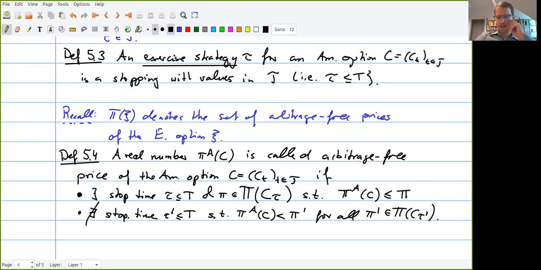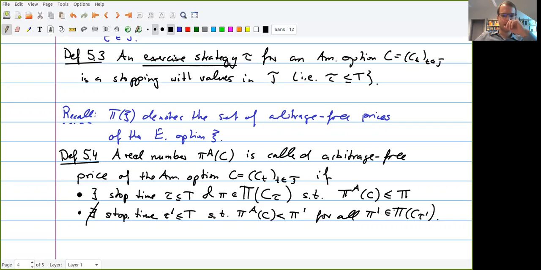So this is telling us that the price is not too cheap from the perspective of the seller of the option, right?